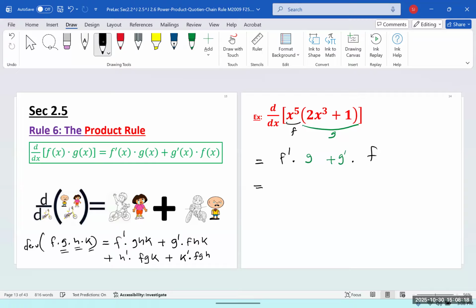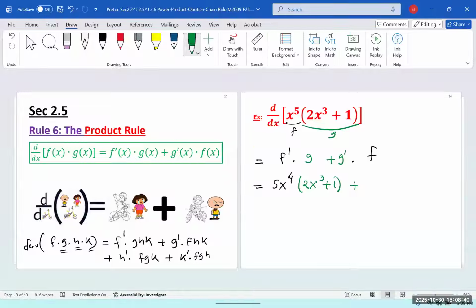So if f is x to the 5, what is f prime? 5x to the 4. And keep the g function unchanged, same exact g function. Now you're adding.